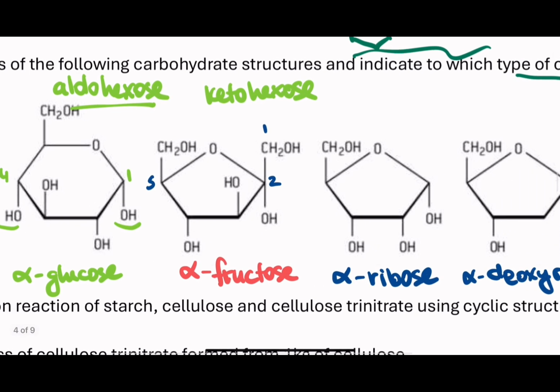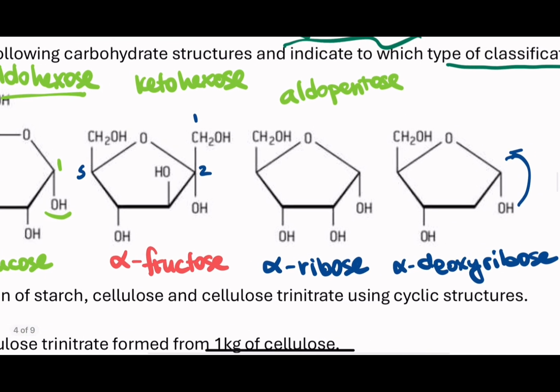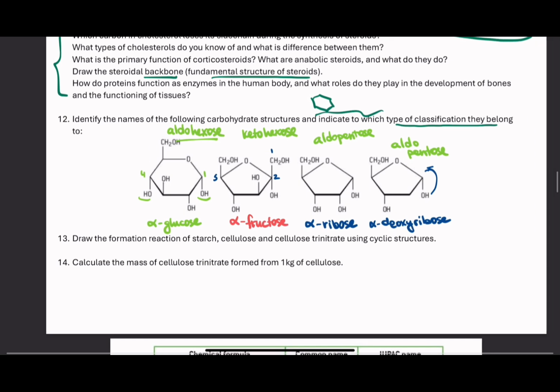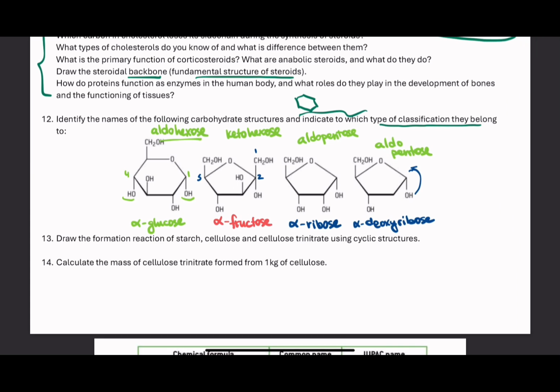Ribose is a pentose, but it is going to be aldopentose because it is an aldehyde. And then deoxyribose is also going to be aldopentose. If you check out all the structures, they are on our PPT. They're a straight chain. You can see it on slide 85 that I shared with you.